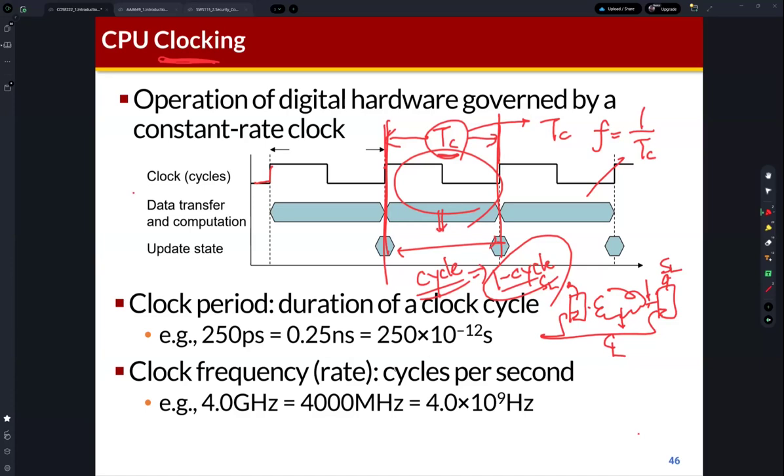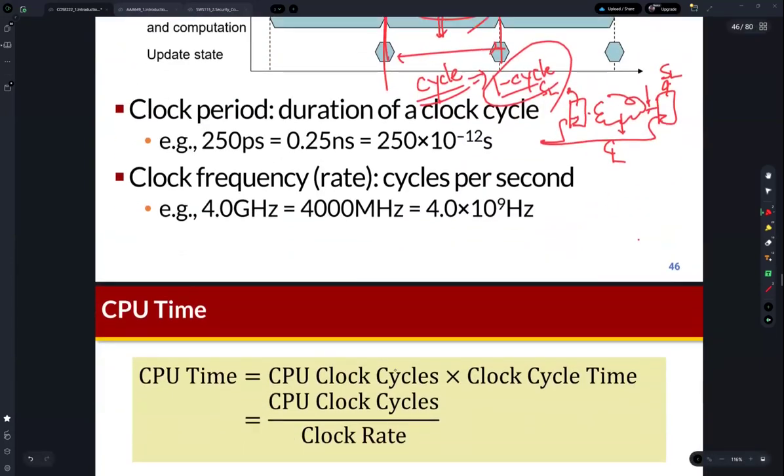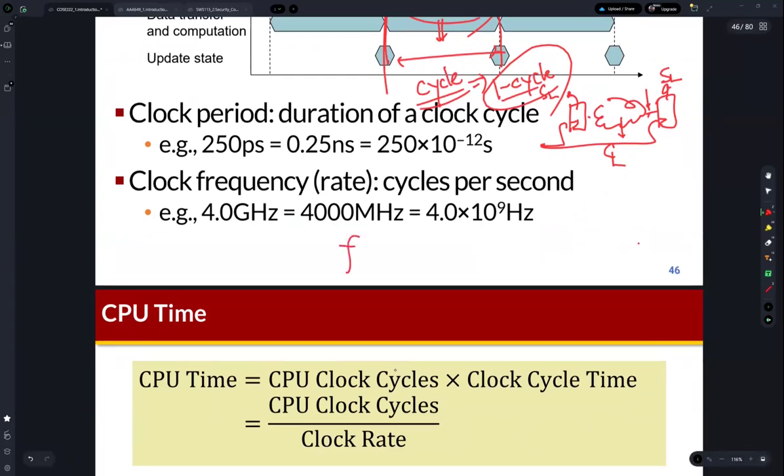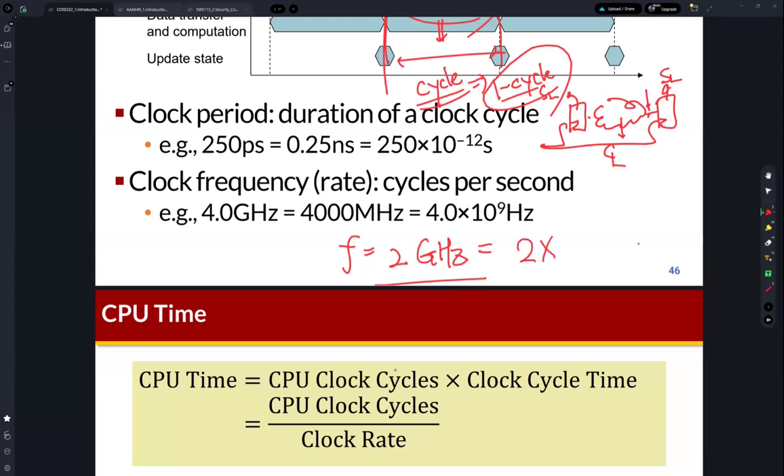So then what does that mean? What is 2 gigahertz? The clock frequency is 2 gigahertz. What does that mean? It means there are 2 multiplied by 10 to the power of 9 clock cycles per second.